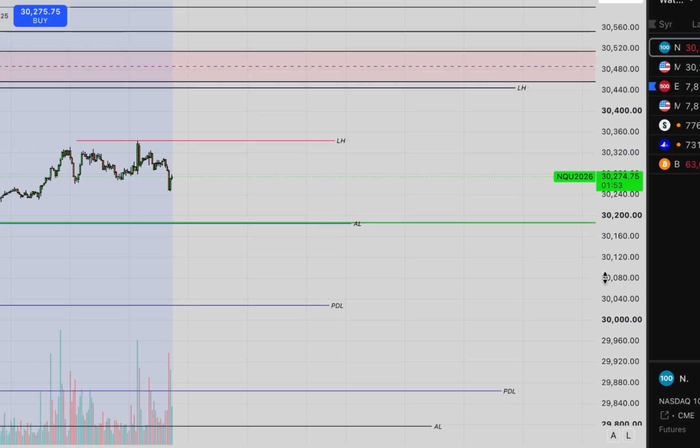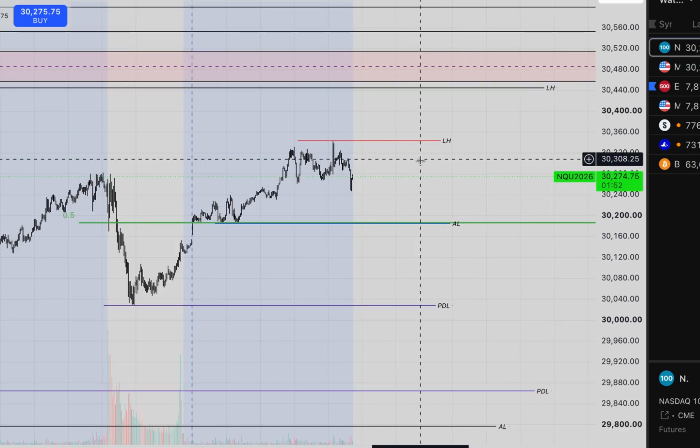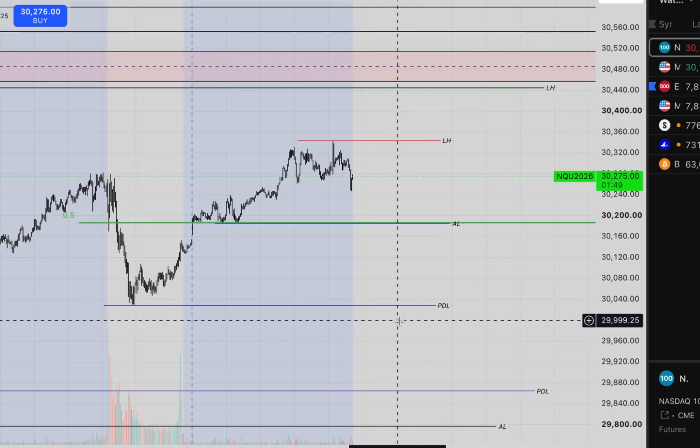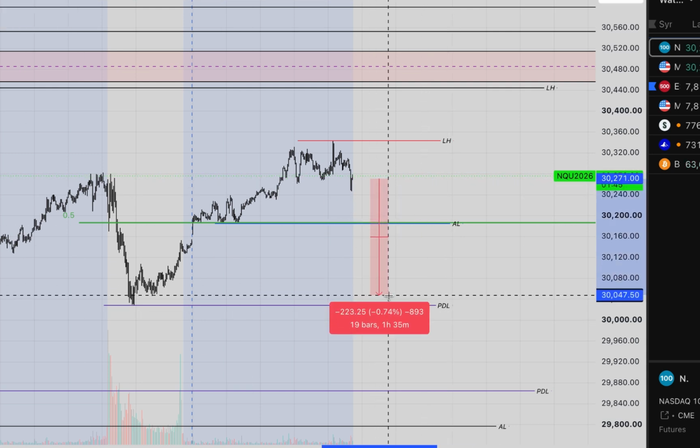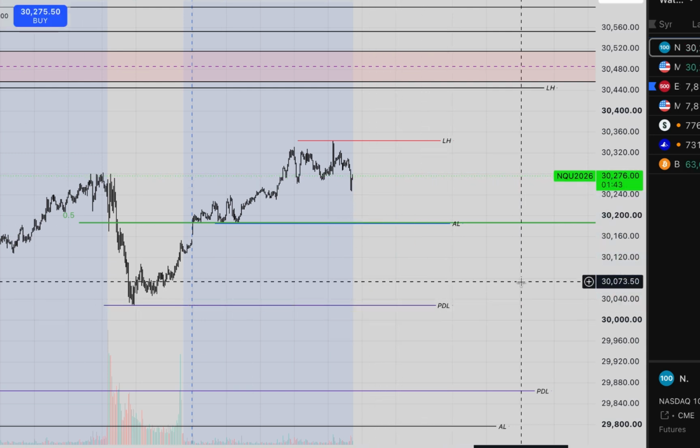And right now we have these today. We have London highs, Asia lows, previous day lows. NQ needs to go 240 points, so it is possible if it does want to take out previous day lows today.